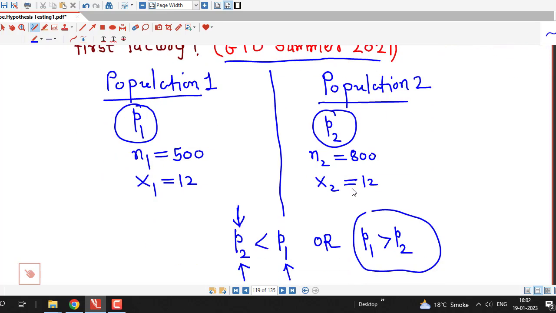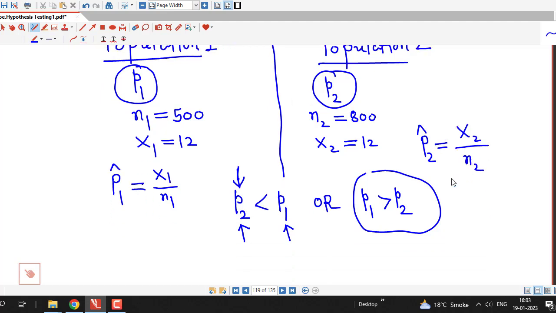So if the proportion of defective items is smaller at the second factory, then we can say that the second factory is better, or we can rewrite this as the proportion for factory 1 is bigger than the proportion at factory 2. From this sample data we can find sample proportions simply by using this formula. This is the sample proportion for the first sample denoted by P1 hat. This is the sample proportion for the second sample denoted by P2 hat.